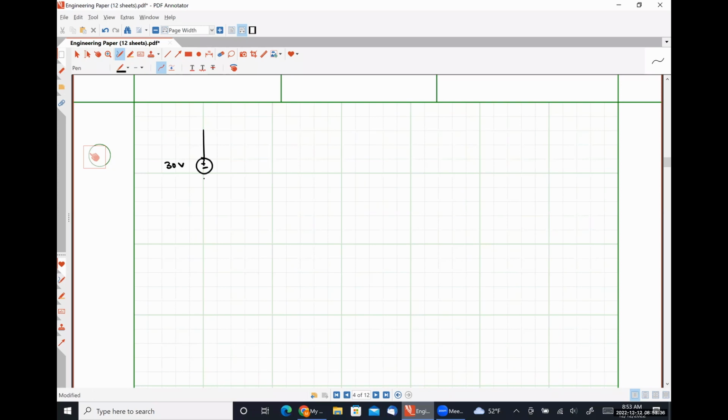So if we put a 30-volt source here, and a 6-amp source here, let me define my currents and voltages.